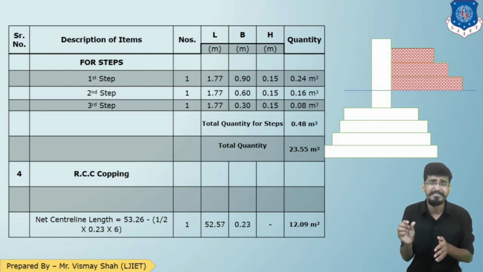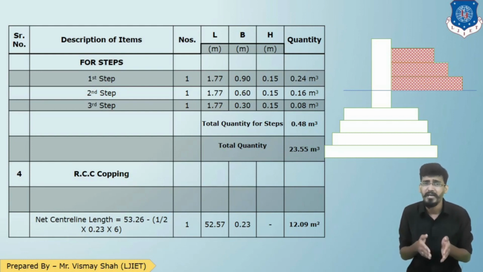So 30 is the tread. At the bottommost, it consists of 3, so 0.30 into 3. So the bottommost part will be 90. Above that there will be 60. Above that there will be 30. And the riser is 0.15. So that is how you can calculate the quantity of steps. I hope we are clear about the steps.